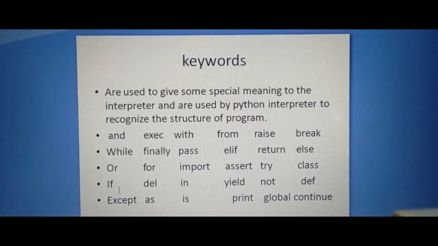These keywords are only used as keyword functions, for declaration of functions, and are not to be used as variables. Suppose you use them in a variable declaration, your program will not execute. So understood clearly? A keyword is one of the structures of programs. Don't use these reserved words as variables.